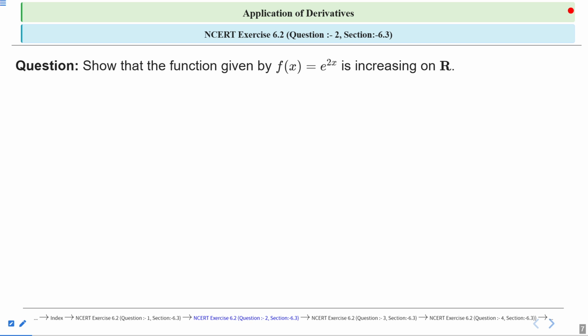We need to show that the function given by f(x) equal to e to the power 2x is increasing on all real values, right? Again, you have some time to solve or think about this question. After that, we will see the solution part, right?